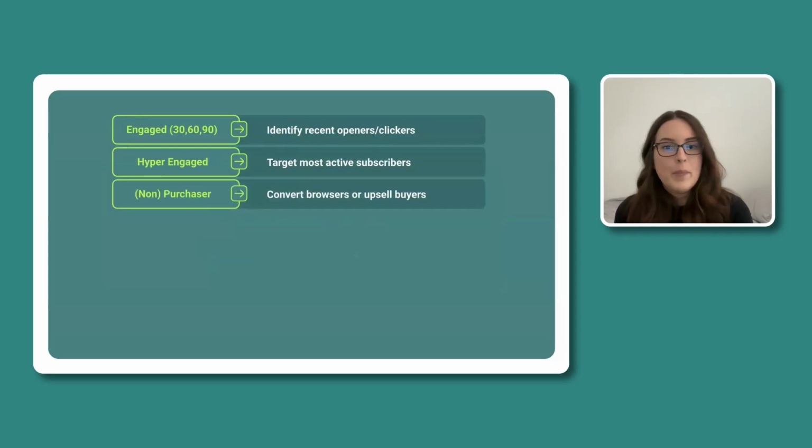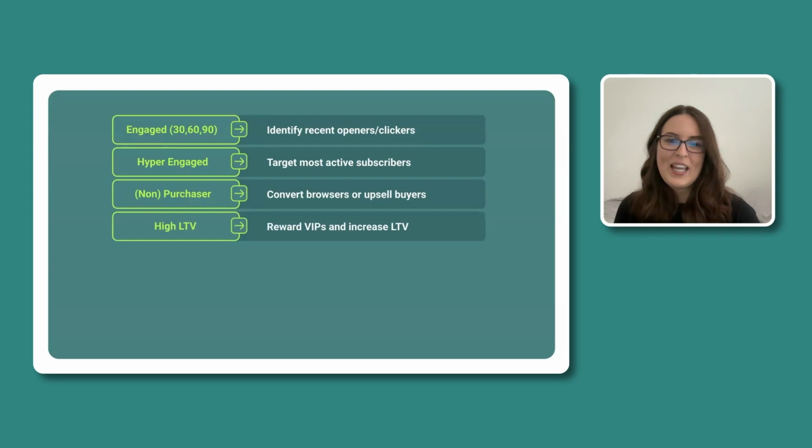So those that haven't made a purchase, but they're actively viewing your page, a specific category, certain product. This is the perfect opportunity from that data that we collected to upsell. And then we have, of course, the high LTV. So, of course, with those lifetime values, we want to also reward your VIP members and increase that LTV.